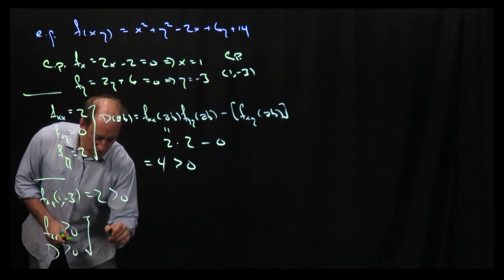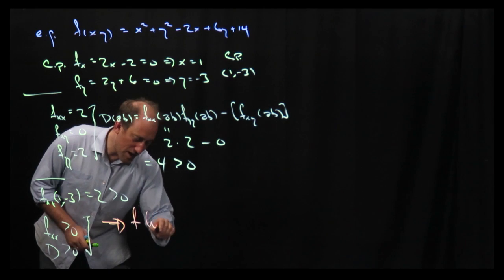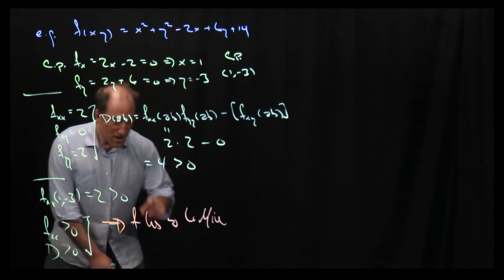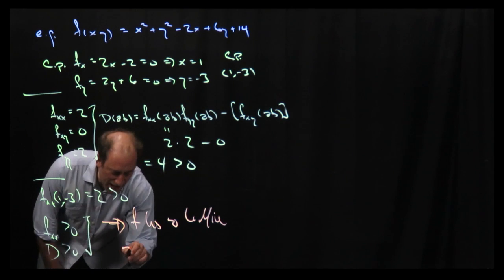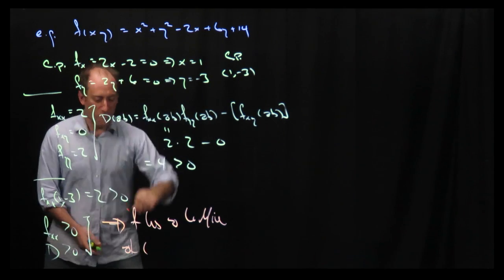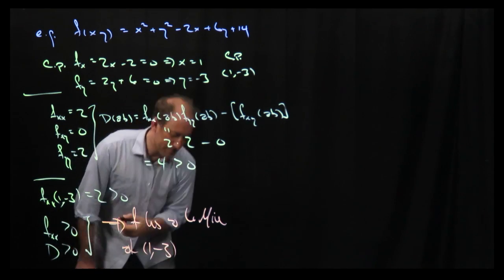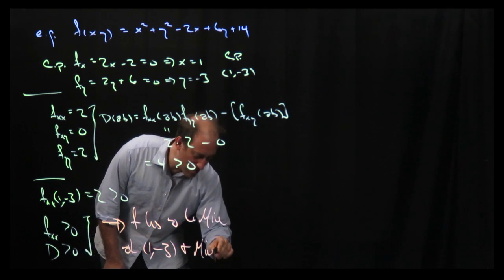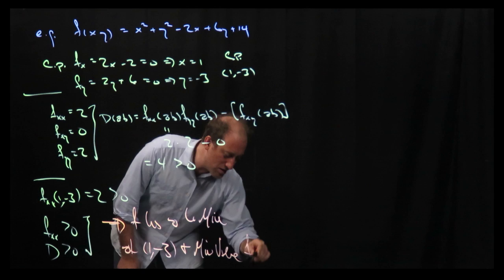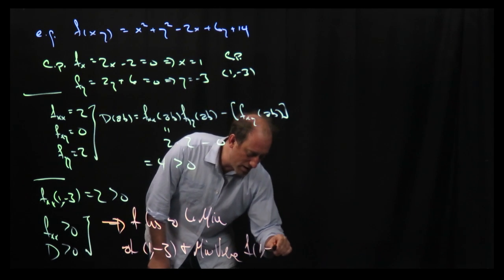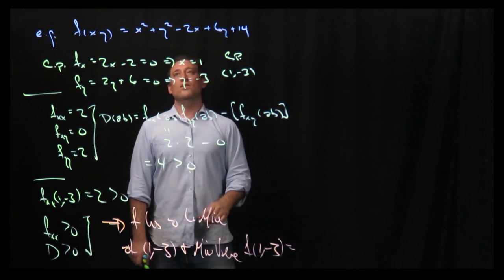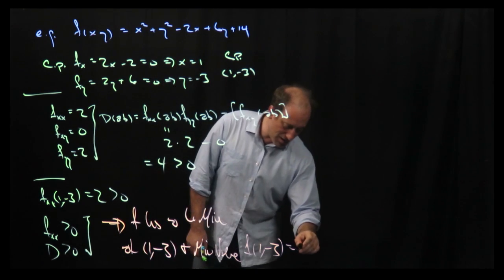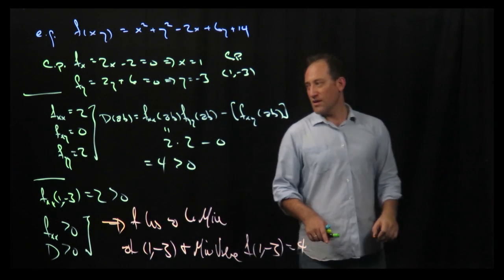Specifically, f has a local minimum at (1, -3), and the minimum value is f(1, -3), which when I plug in here gets me 4.